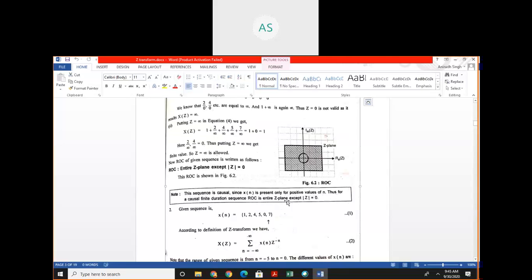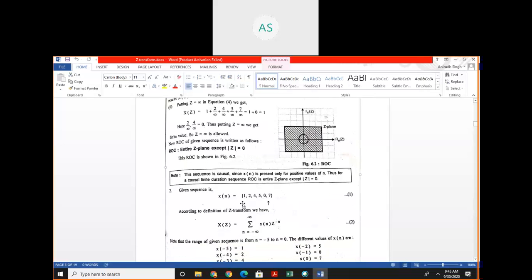Thus, for causal finite duration sequence, ROC is entire z plane, means region of convergence is entire z plane except mod of z is 0. Only when mod of z is 0, other than that entire z plane is ROC. Means that X of z exists for entire plane except mod of z is 0.